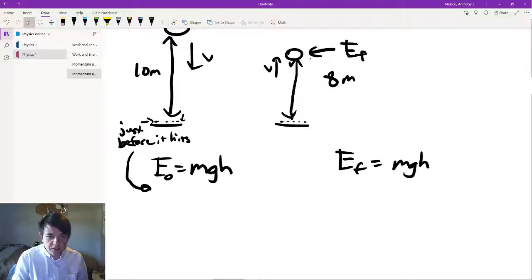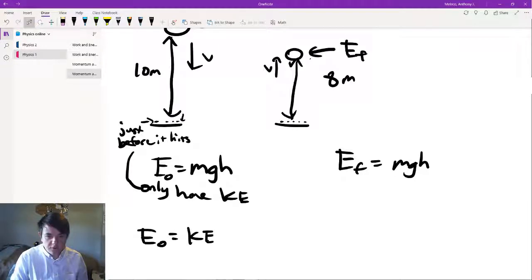And it will only have kinetic energy at that point. So we can set E initial equal to the initial kinetic energy. And here we could do the same thing, where it's just after it hits.